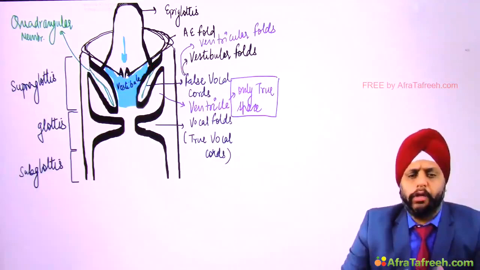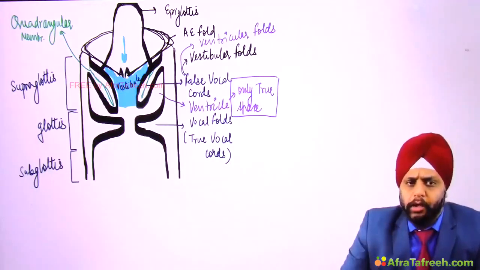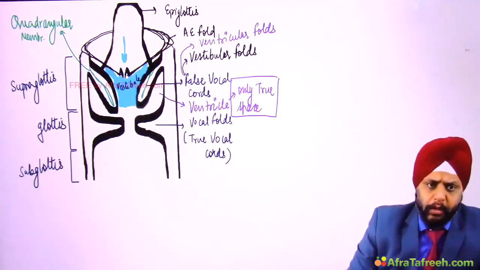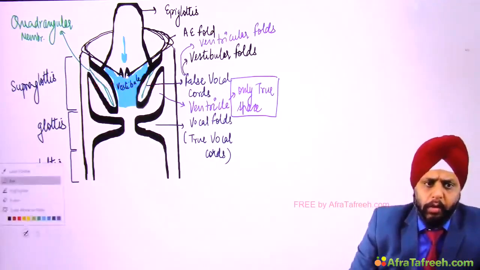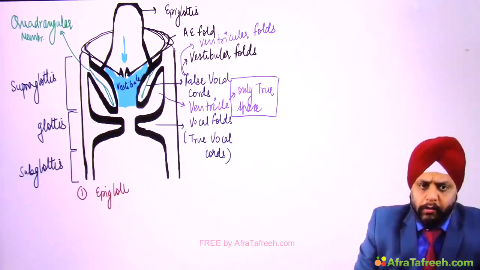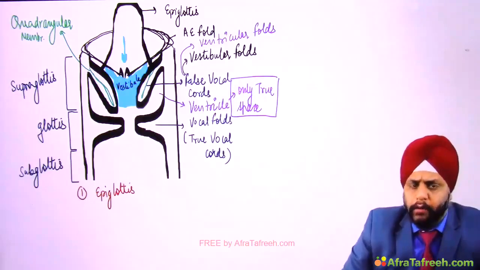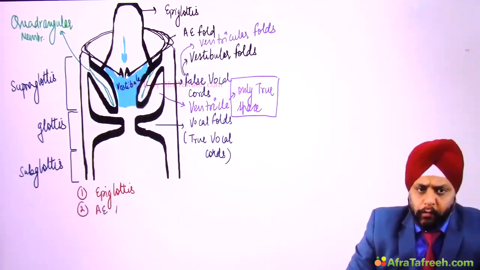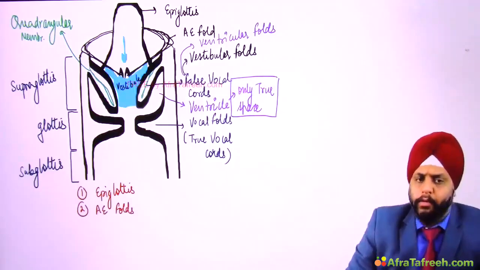Now, what all structures have we discussed in the supraglottis? Let's enumerate the structures. Number one, we have the epiglottis. Number two, we have the AE folds on the two sides.